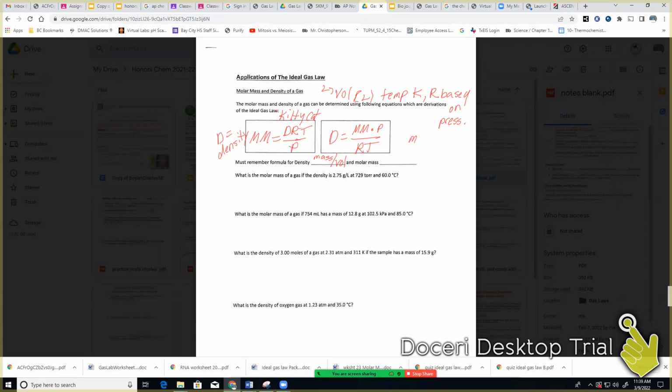Your mass would be in grams, and your volume has to be in liters. Other things that would alert you to a volume measurement would be milliliters or centimeters cubed. Remember, those are equal to each other, so you would have to change your decimal and get it to liters.